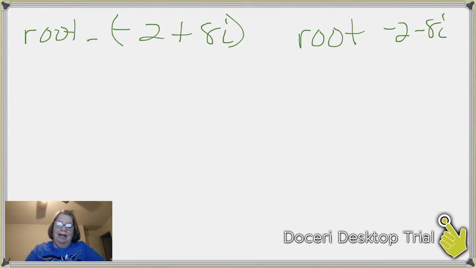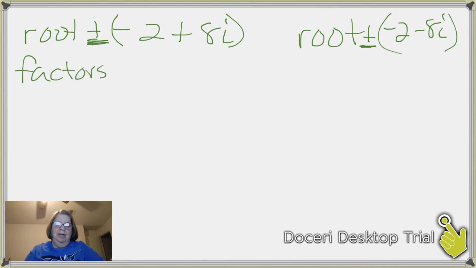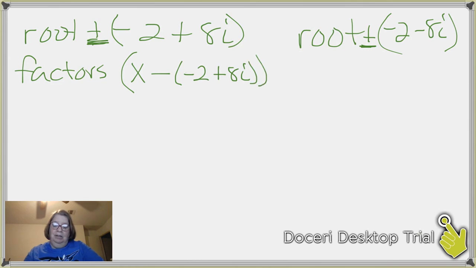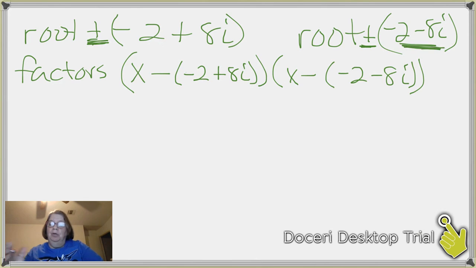If you think about a sign here, that's positive, right? If this is the other root or solution, you think about a sign here, that's positive. So then your factors are going to be x minus negative 2 plus 8i and x minus negative 2 minus 8i. Again, we're thinking of this as one thing, one unit together, and the sign in front of it is positive. So when we put the factor, it's negative.